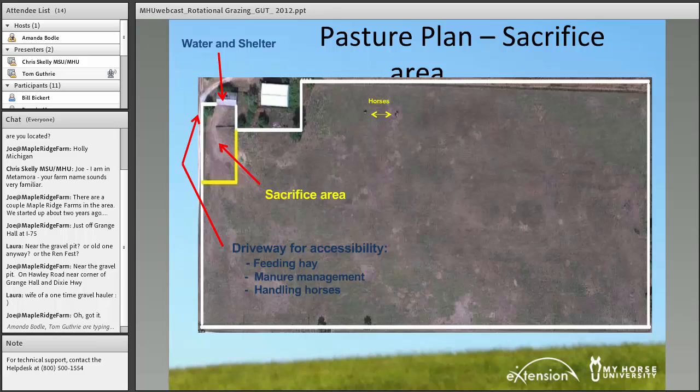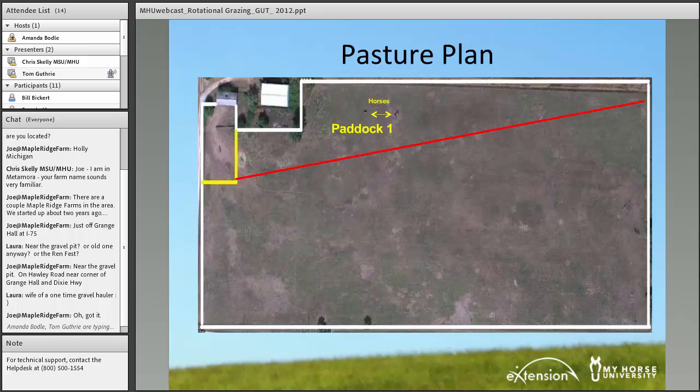We can utilize that driveway for accessibility as far as feeding hay when we need to. We can get in there to clean out the manure, and in addition to that, it also provides accessibility for handling the horses.